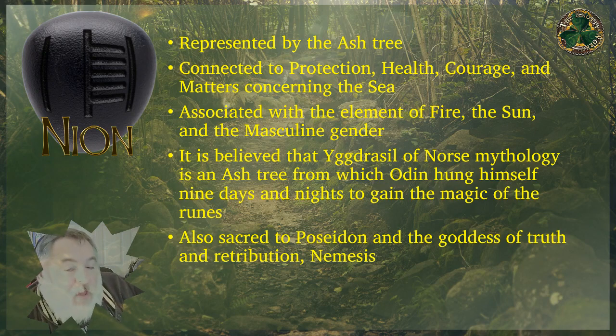Again, as we saw earlier from the Alder tree, the ash tree is believed to be the Yggdrasil, an ash tree of Norse mythology, on which Odin hung himself nine days and nights to gain the magic of the runes. So there's an interesting connection of the ash tree to the character Nion, to the magic of runes. It's also considered sacred to Poseidon, sorry about that, and the goddess of truth and retribution, Nemesis.